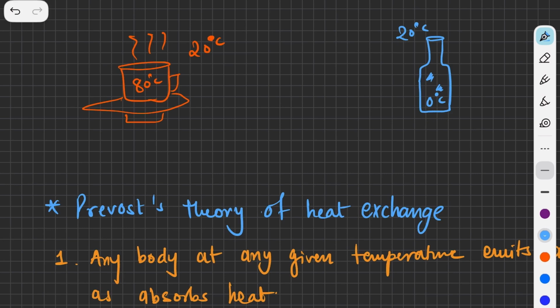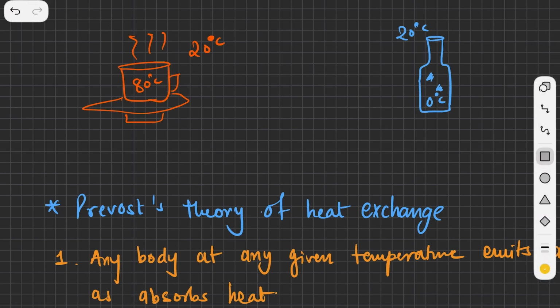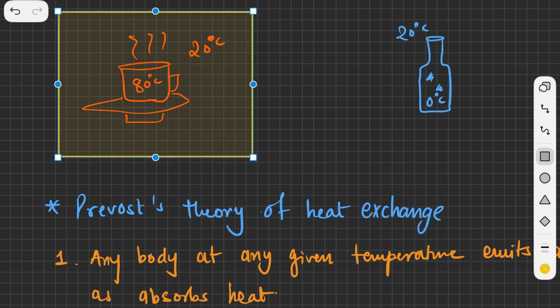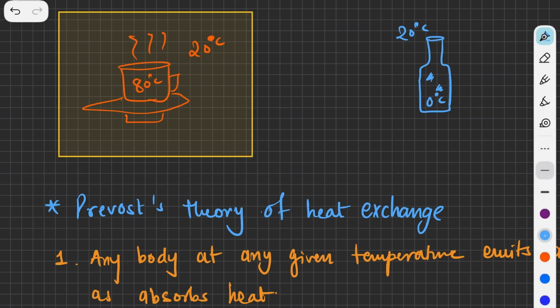Now let's just consider the case of just this body, the tea. As there is a difference in temperature, heat is going to flow from the higher temperature region to the lower temperature region.